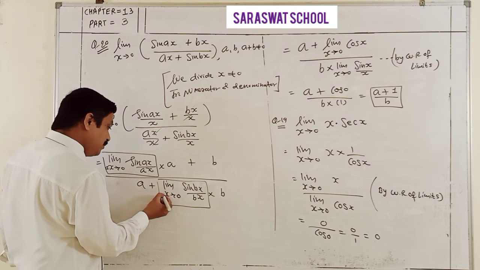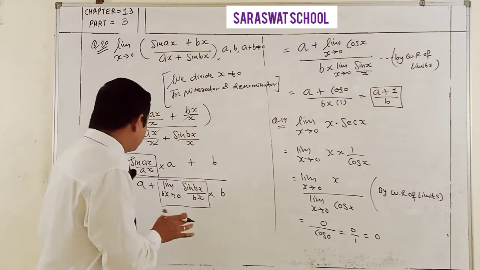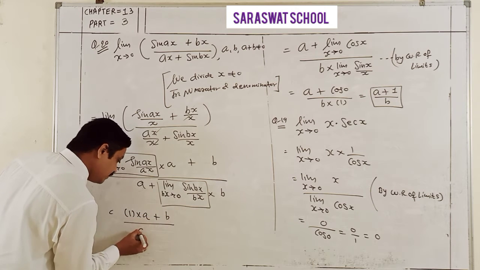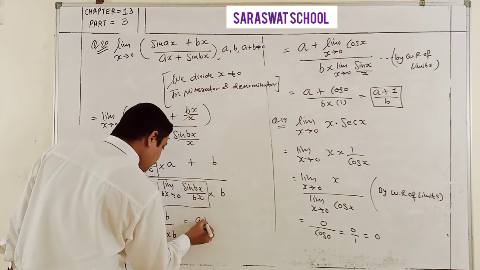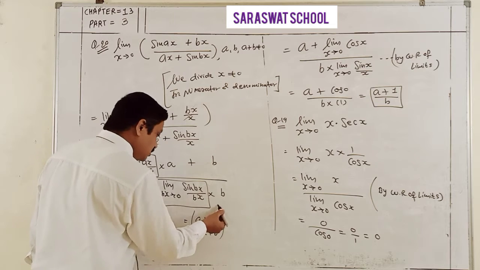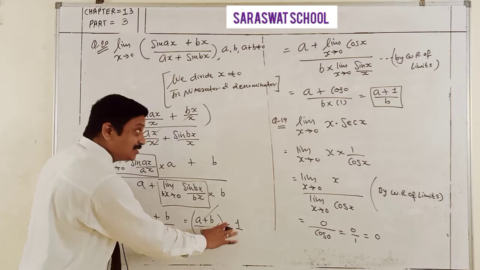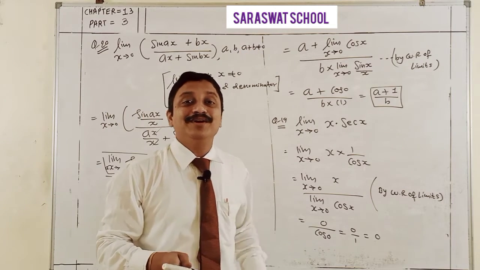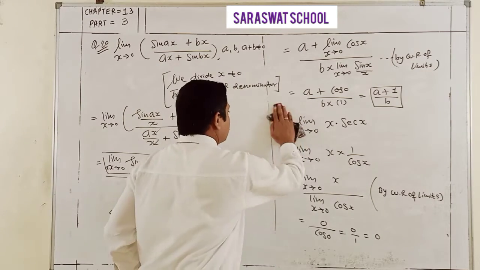Same here, students, here b multiply, that also b multiply, it is 0. It means this answer is 1 into a plus b, a plus 1 into b. So my answer is a plus b upon a plus b. This systematically cancels, and your answer is 1, because you are given a plus b is never 0. So your solution is simply over here.